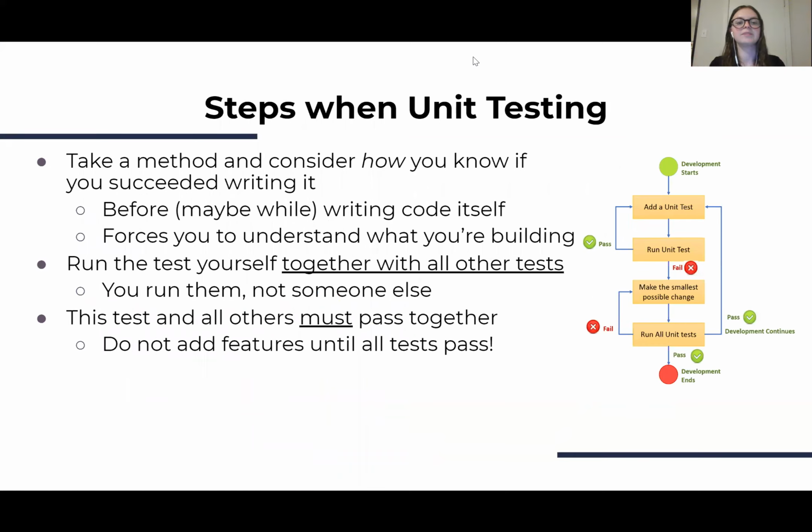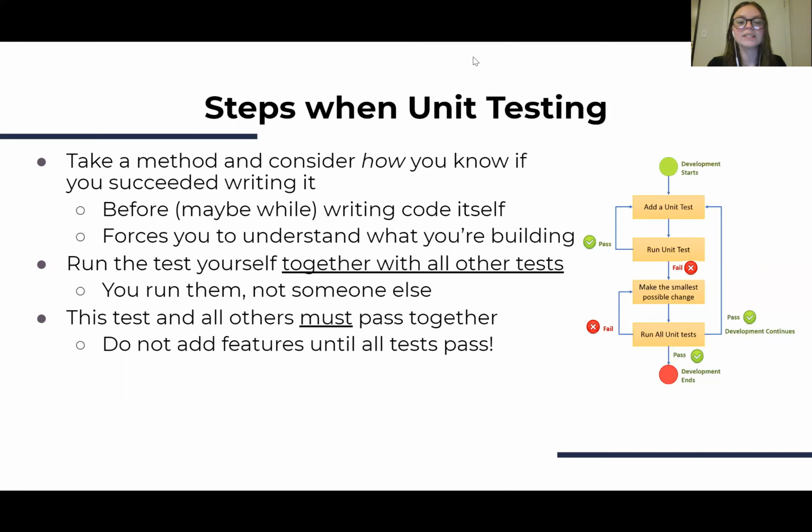So here are the steps that you should probably go through when creating a unit test. You should just take a method and consider how you would know if you wrote it the correct way. Like consider how would you know that you wrote it the right way? And so you can do this before writing the code or maybe during writing the code. And this forces you to really understand what you're building.